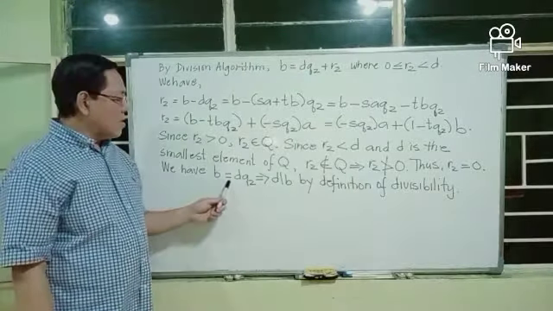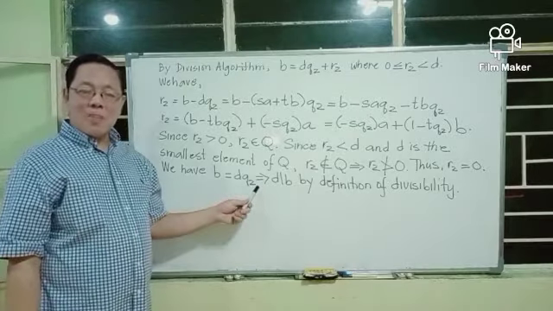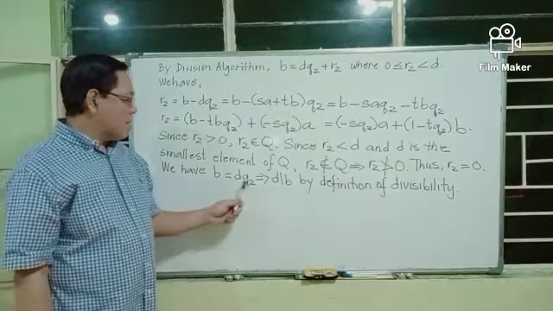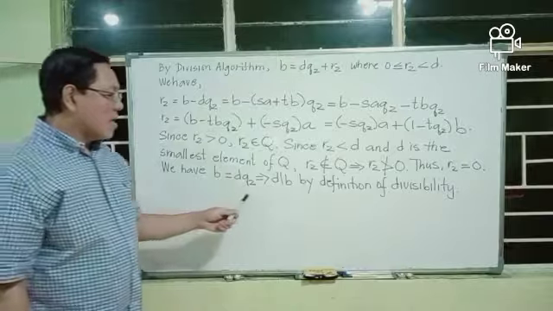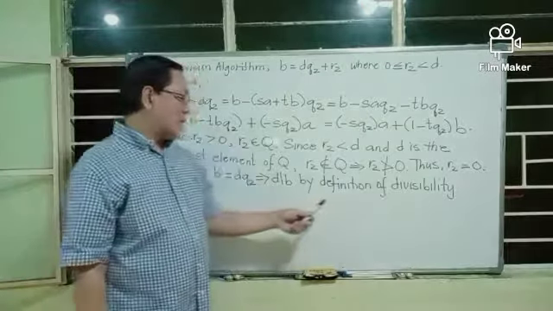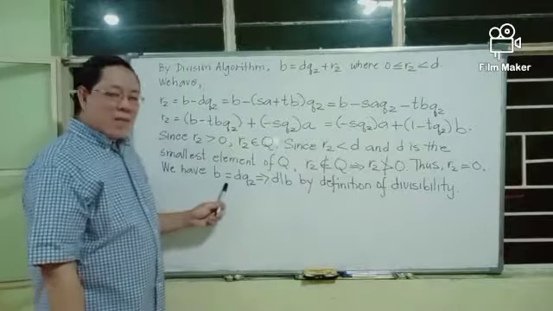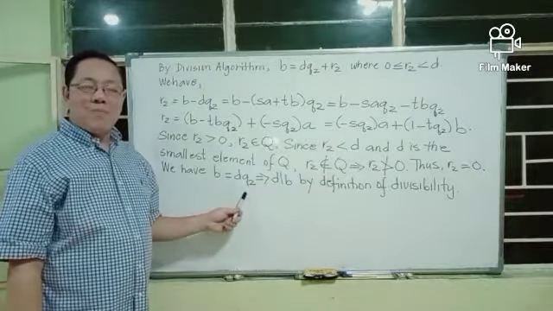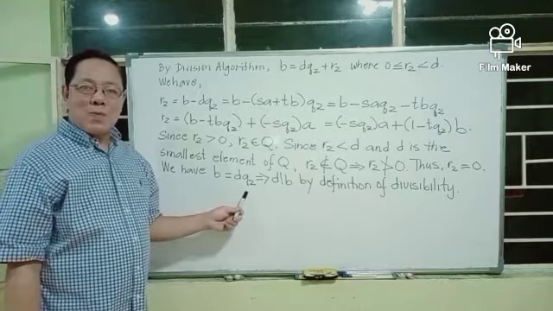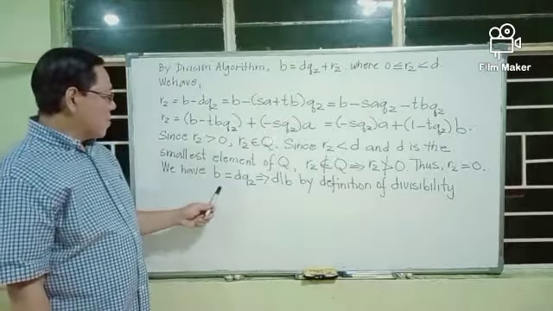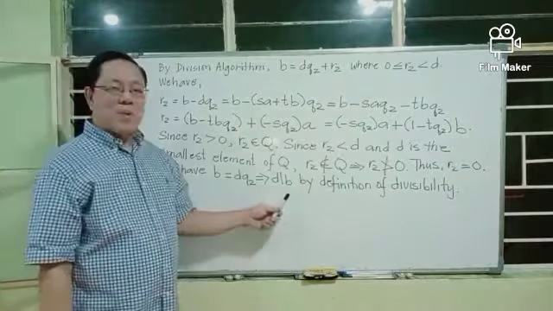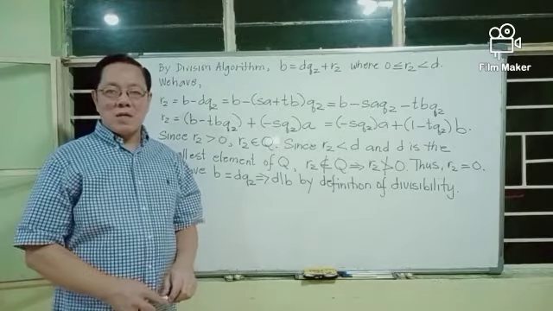Now, B equals BQ2 implies that D divides B. Because by definition of divisibility, if D divides B, then B must be written as D times some integer Q sub 2. So we have shown now that D divides B. Now we collect all the results.